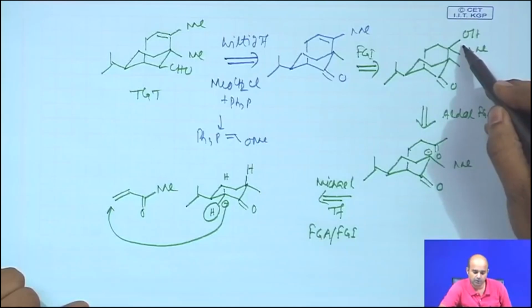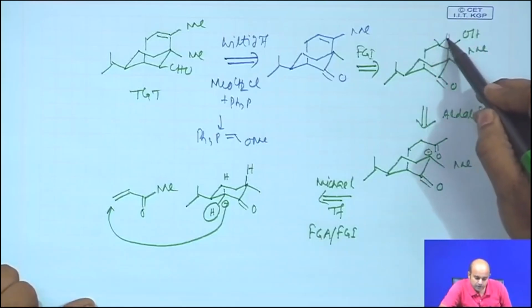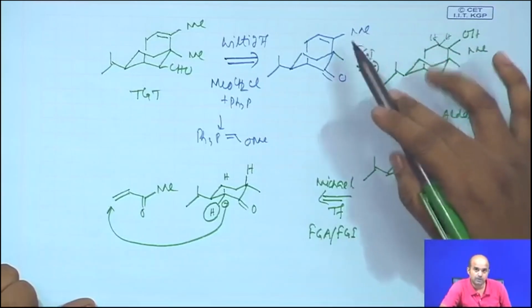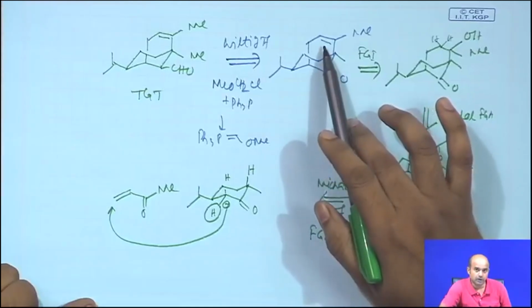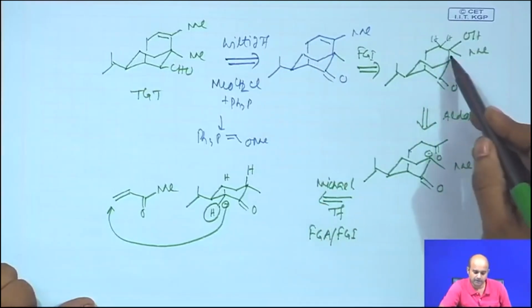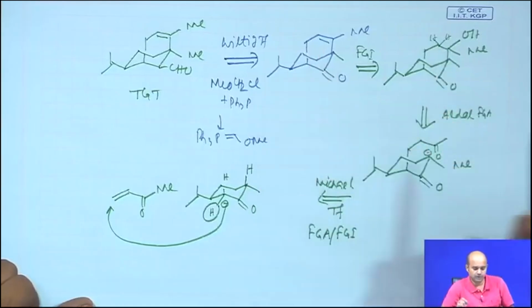The tertiary alcohol now will be having only this hydrogen for elimination. Eventually, this methyl group also has hydrogen, but that will give you the exocyclic double bond. You will get the endocyclic double bond here, which is much more stabilized. So, you have this tertiary alcohol which can undergo elimination to give you this product.